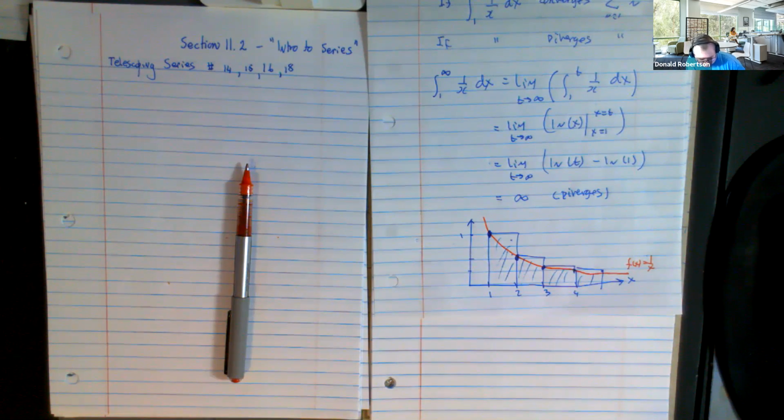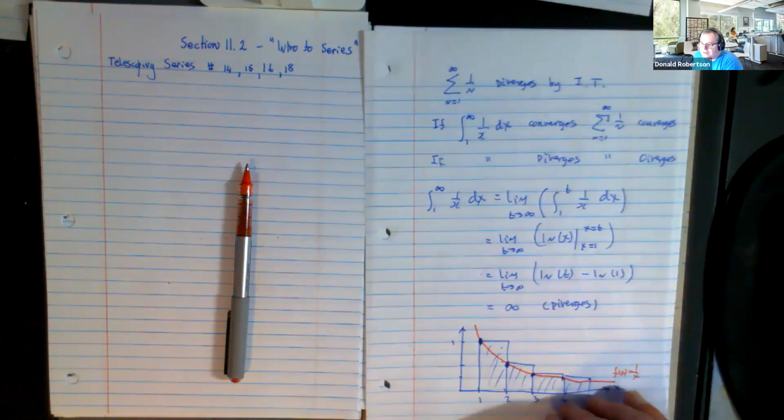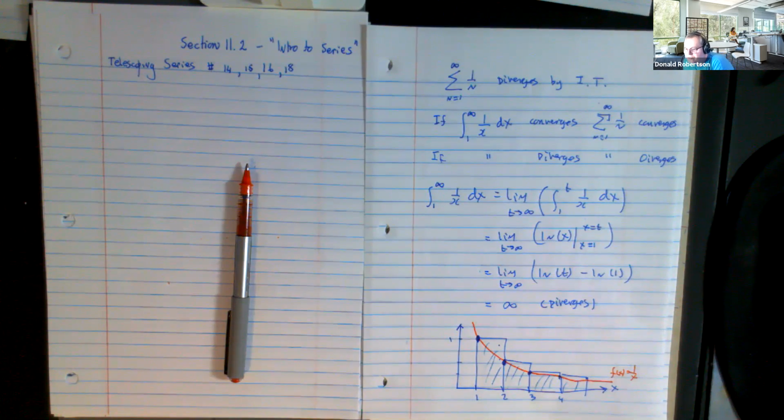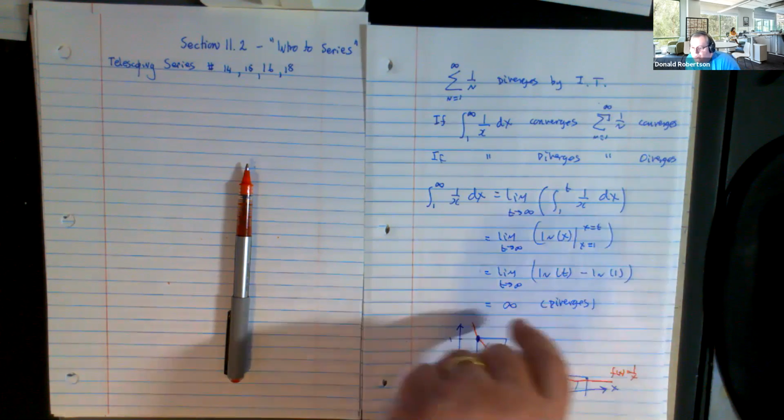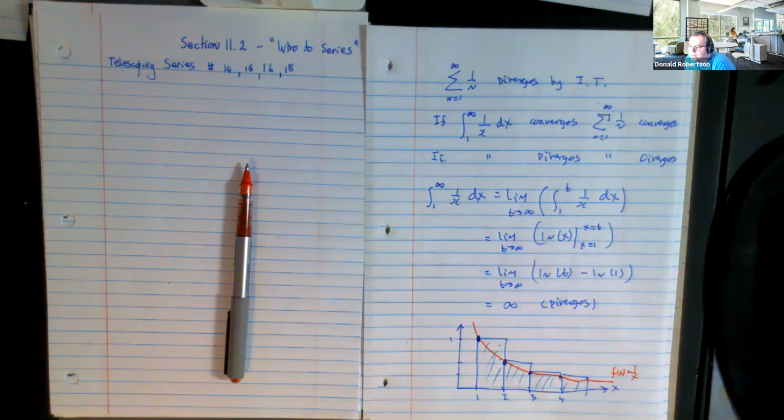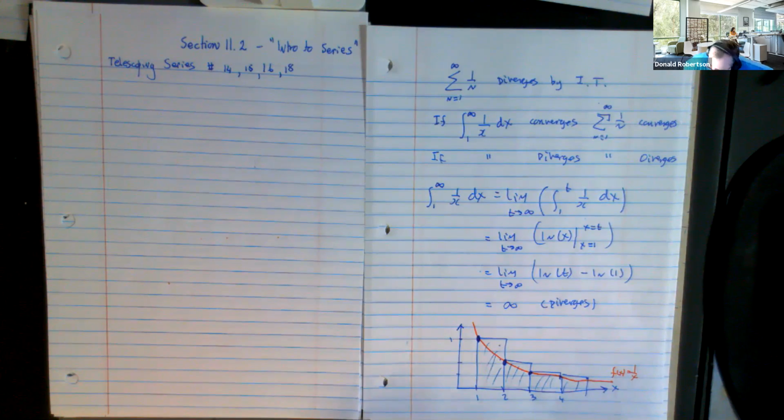That's essentially what the integral test's job is, to tell me if something converges or diverges. It's not going to tell me directly what it adds up to when it converges. We'll see next week how we can estimate for the converging ones what it adds up to. And that actually ends up being another integral, but we'll worry about that.